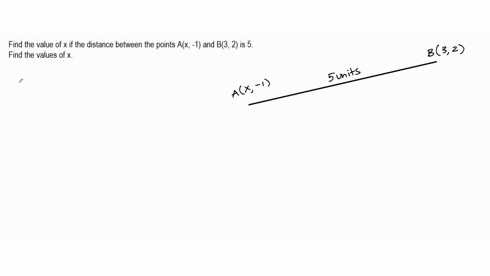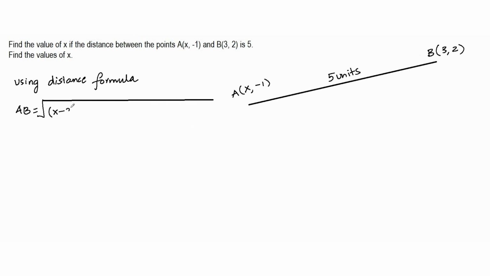Now we know that using the distance formula, I can say that the distance between A and B, so AB, is going to be square root of x minus 3 the whole square. Of course, you can write it as x minus 3 the whole square or 3 minus x the whole square.